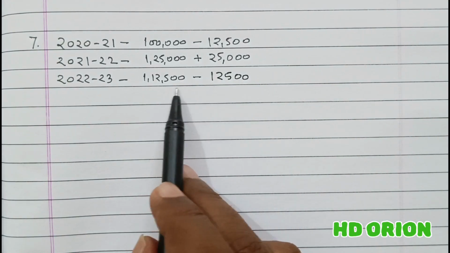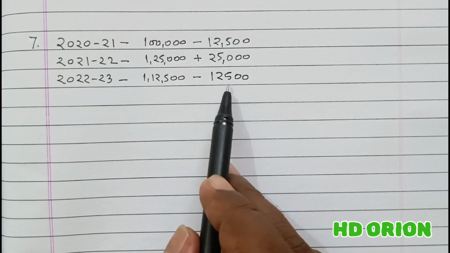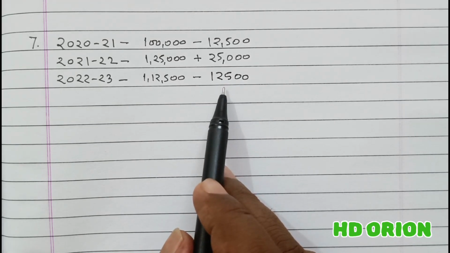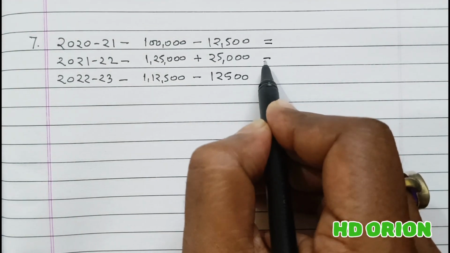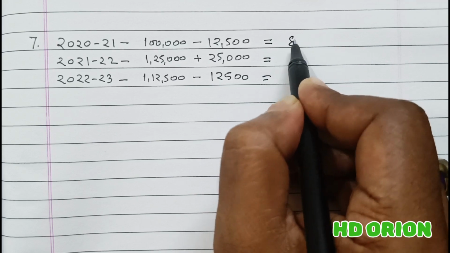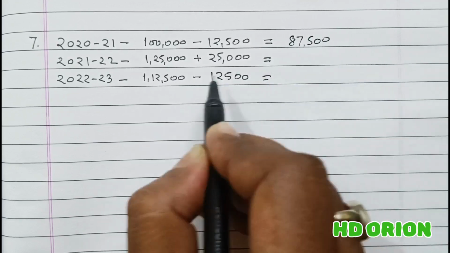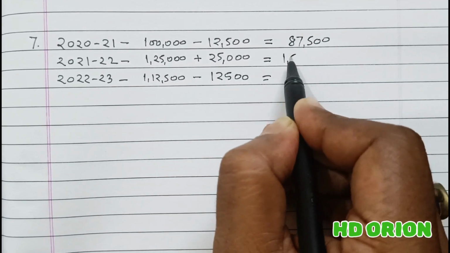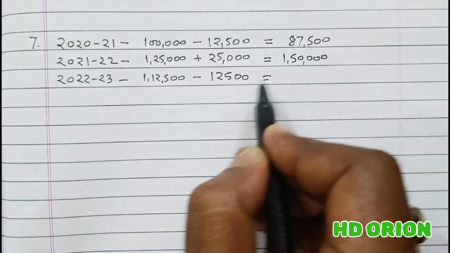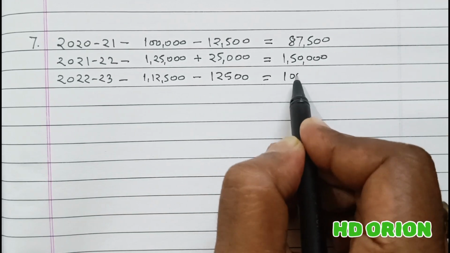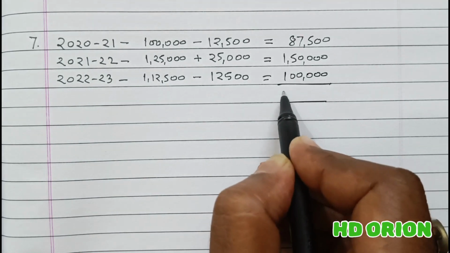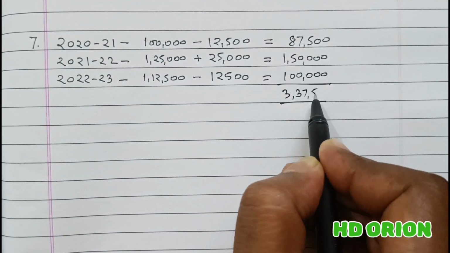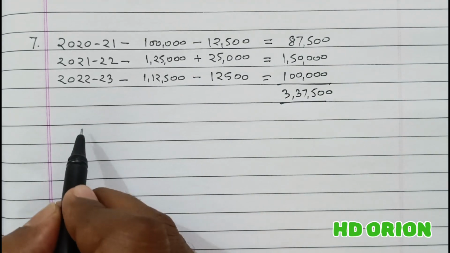So we will subtract it because it is an expense and it is compulsorily to be charged to profit and loss account. So we will get normal profits for the 3 years, that is 87,500, and here we get rupees 1,50,000, and here we will get 1 lakh rupees, grand total of which is rupees 3,37,500.